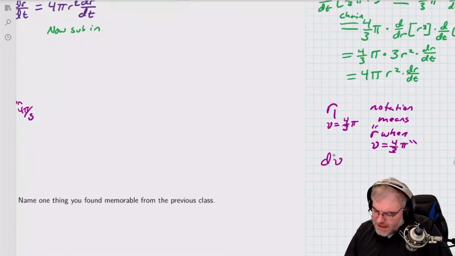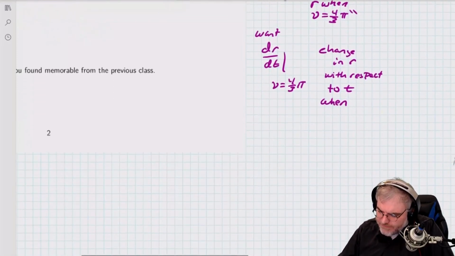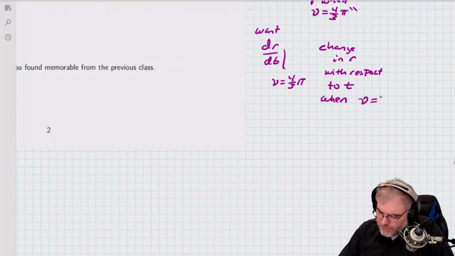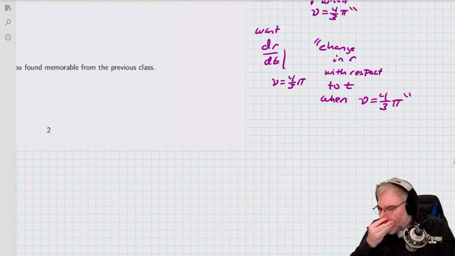I want dr over dt when V equals 4 over 3 pi. Right? So this is the change in r with respect to t when, I know my head's in the way, V equals 4 over 3 pi. All right. So that's what that notation means.